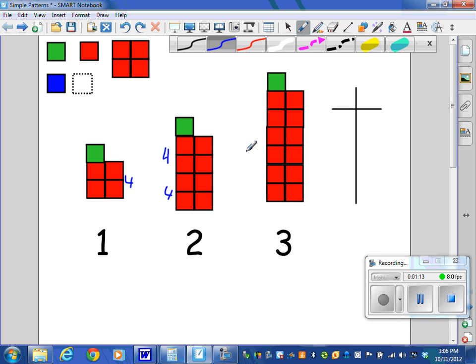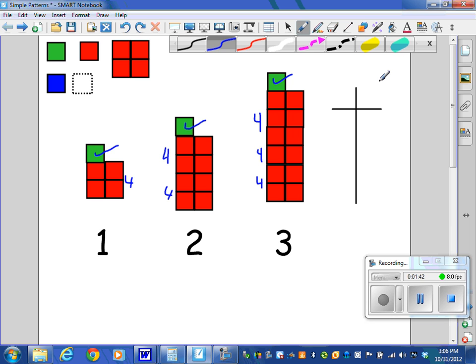We have 2 groups of 4, and then our original 4 blocks, our second 4 blocks, and our third 4 blocks. So that's the part that's changing. It's changing by 4 blocks each time. At the same time, we can look at what part stays the same, and we see that this green block stays the same every time.